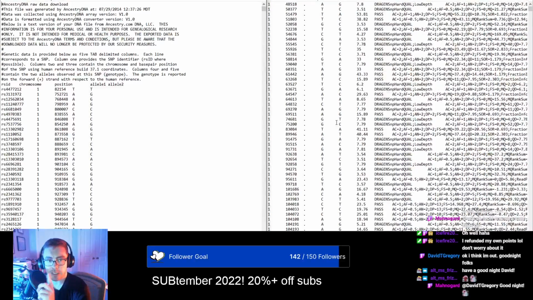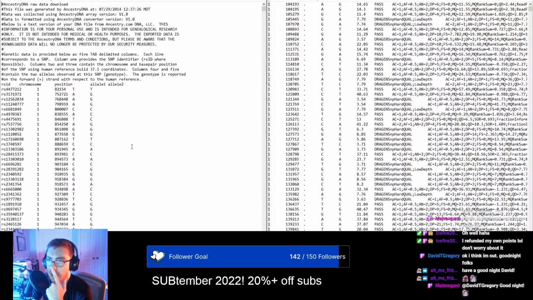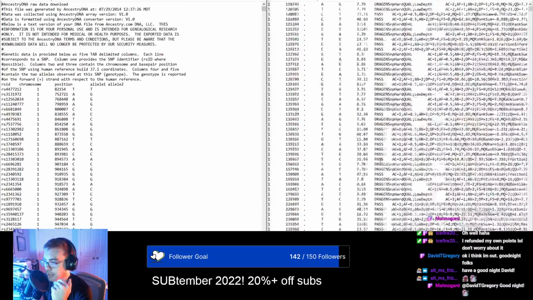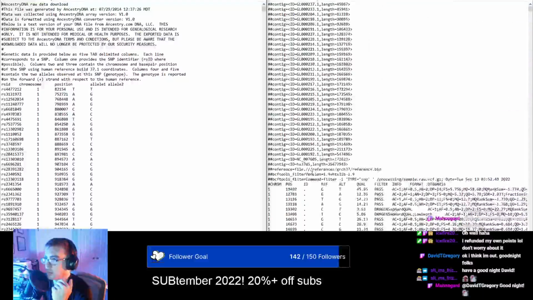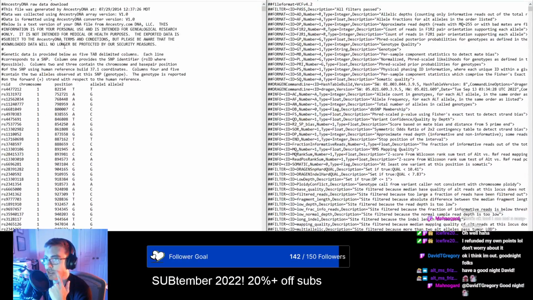So I need to turn what's on the right hand side into what's on the left hand side. The difference is pretty extensive. I don't know how to do a line count, I don't think you can do it.